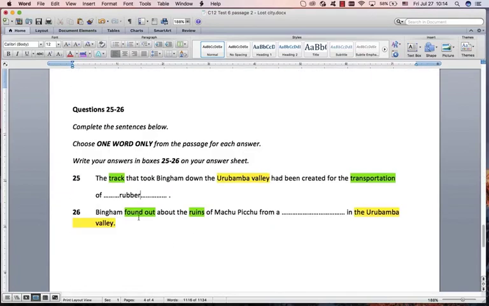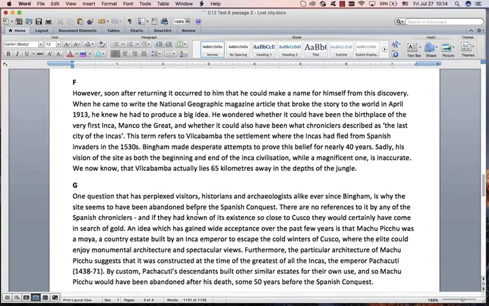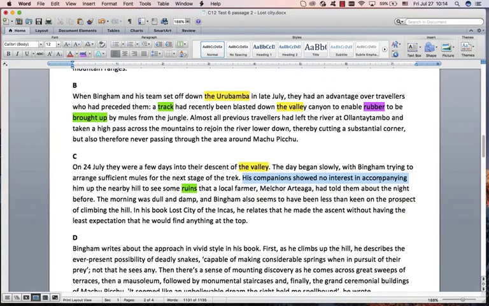Alright, next. He found out about the ruins from. Where do you find something out? Where do you learn about something? It can be a person, maybe it can be a book, maybe it can be a website, that sort of thing. This helps us. We know now that we are looking for a singular noun. And we know where our sentence is. His companion showed no interest. We want to see find out. He found out.